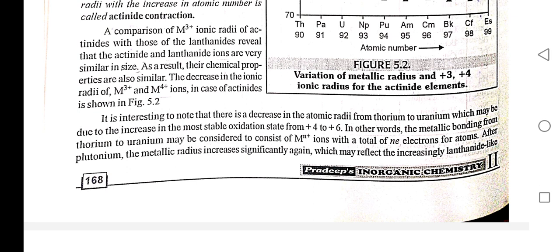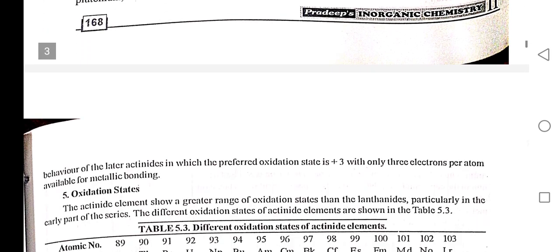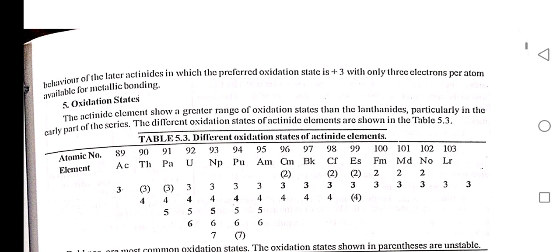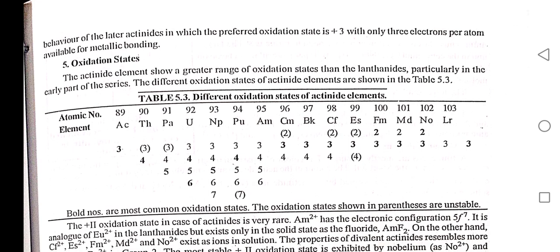In other words, the metallic bonding from thorium to uranium may be considered to consist of M(n+) ions with a total of n electrons per atom. After plutonium, the metallic radius increases significantly again, which may reflect the increased lanthanide-like behavior of the latter actinides, in which the preferred oxidation state is +3, with only 3 electrons per atom available for metallic bonding.